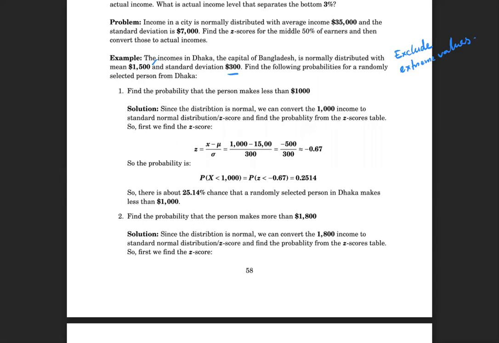Extract the important values, mean and standard deviation. So mu is 1,500 and sigma is 300, the standard deviation.